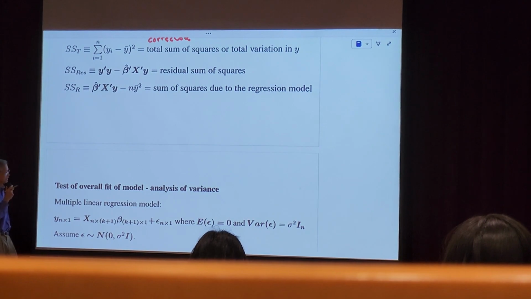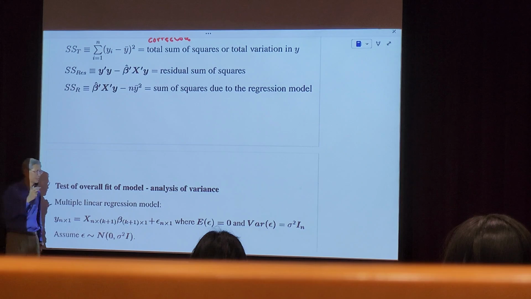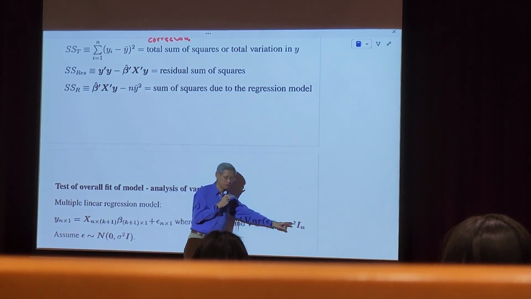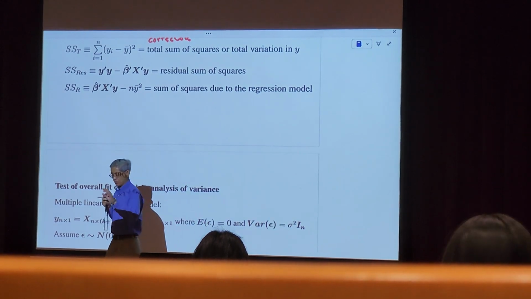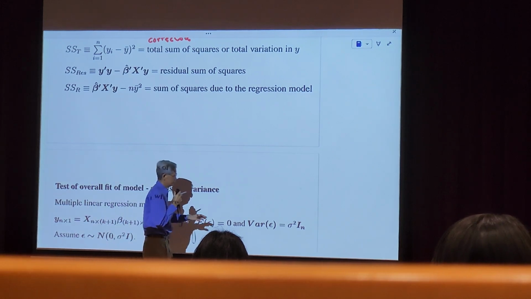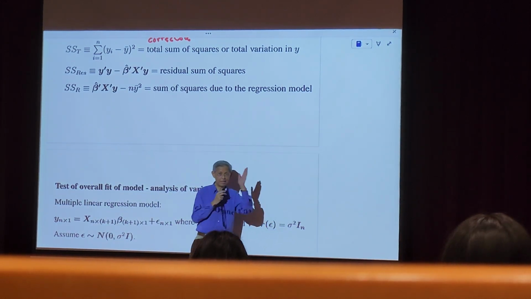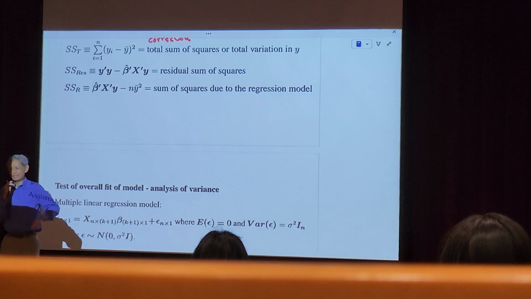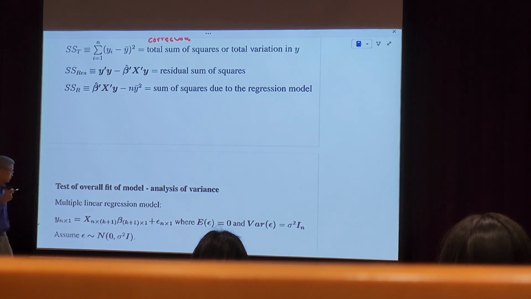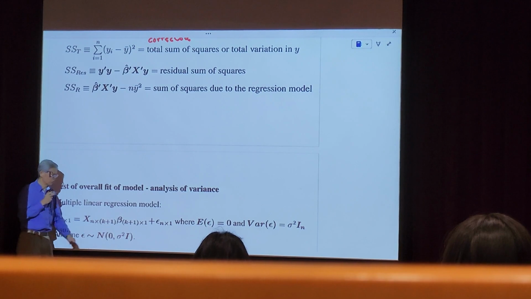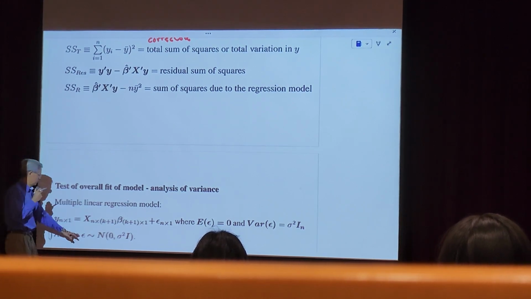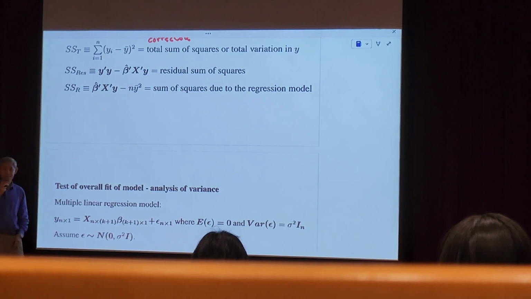The error vector is assumed to be a random variable with mean vector 0 and the variance covariance matrix sigma squared times the identity. That means the off-diagonal elements are 0. For a multivariate normal distribution, if the off-diagonal elements are 0, it means all the elements are independent.